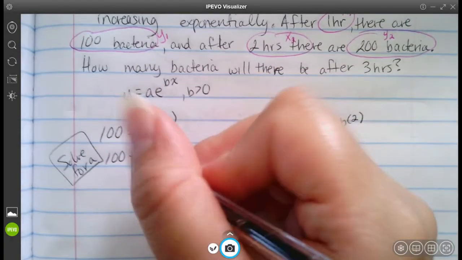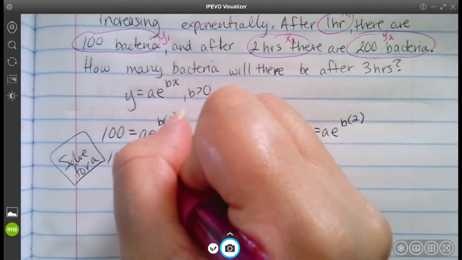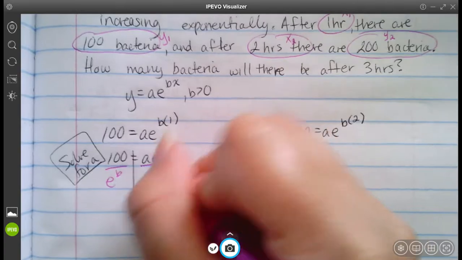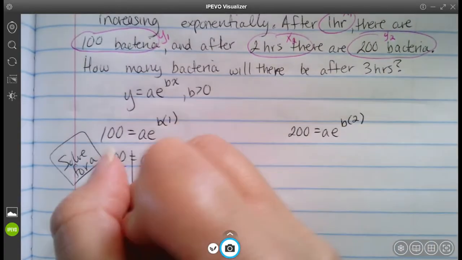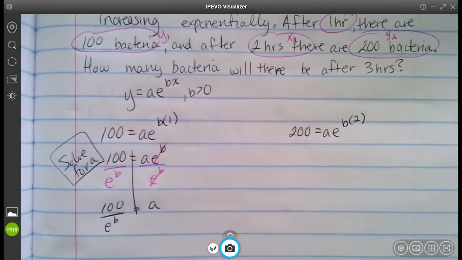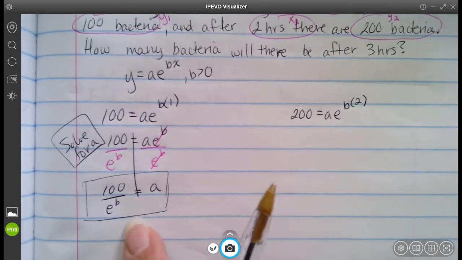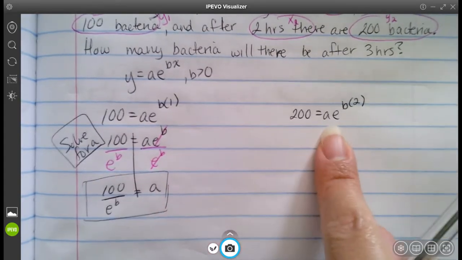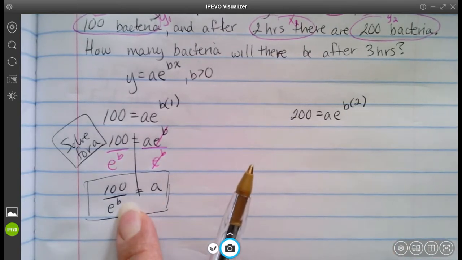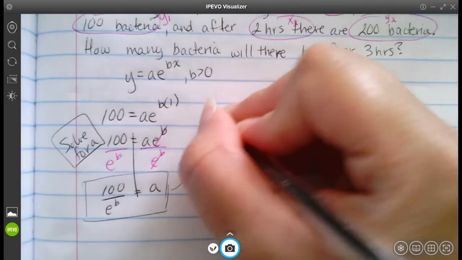To solve for a, I have to get rid of this e to the b. So I'm going to divide by e to the b, and the same thing on this side. That leaves me with 100 over e to the b power equal to a. This is not my answer, but I'm going to use it to substitute into this equation so that I have everything in terms of one variable and it's easier to solve.